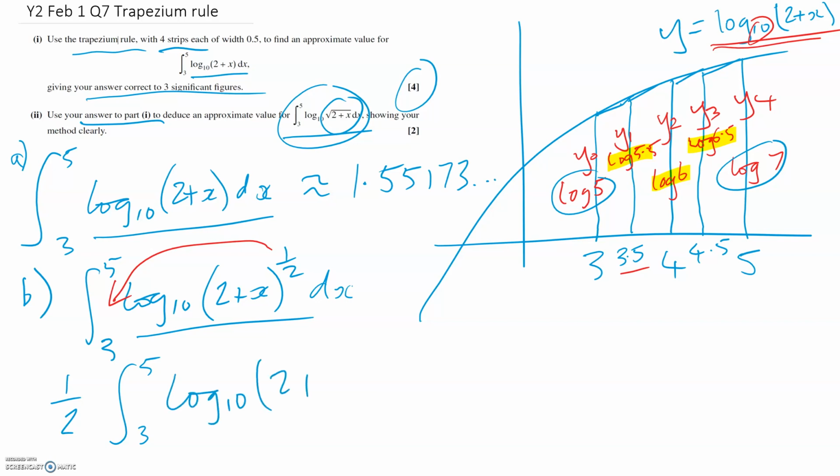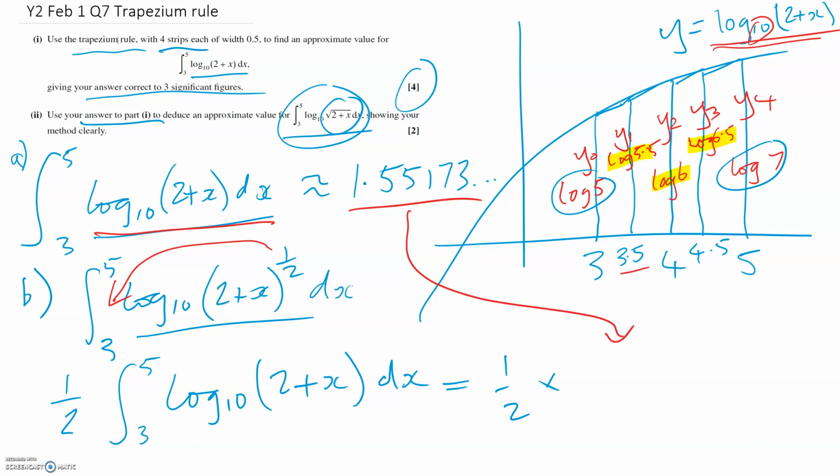So if you look at what we have now and what we did in part A, they are the same. So we know from part A that this equals this. All we have to do in part B is half of the answer to part A, which was 1.55173.